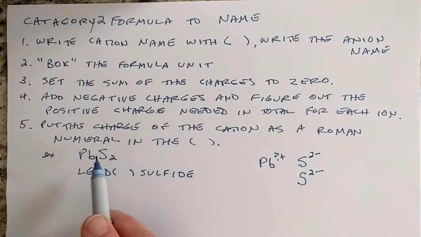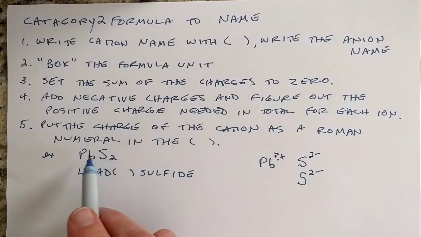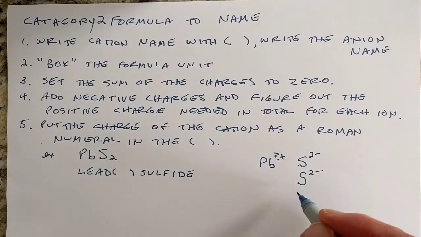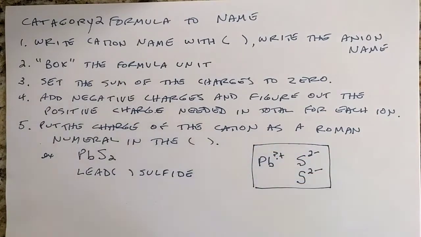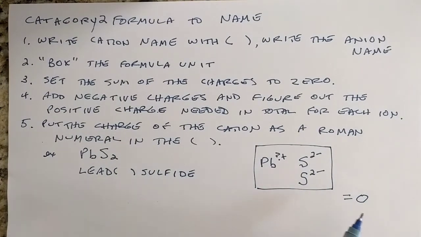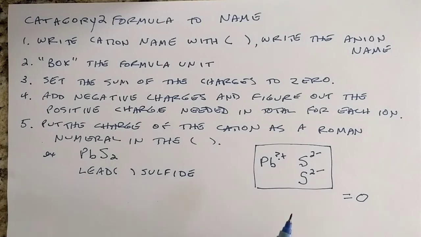So even though we don't show charges in the formula, we have ions in our formula unit. So that's our box. What is in the formula? Now, we're going to set the sum equal to 0 because the charge of the compound itself is 0. Positive and negatives all have to add up to 0.